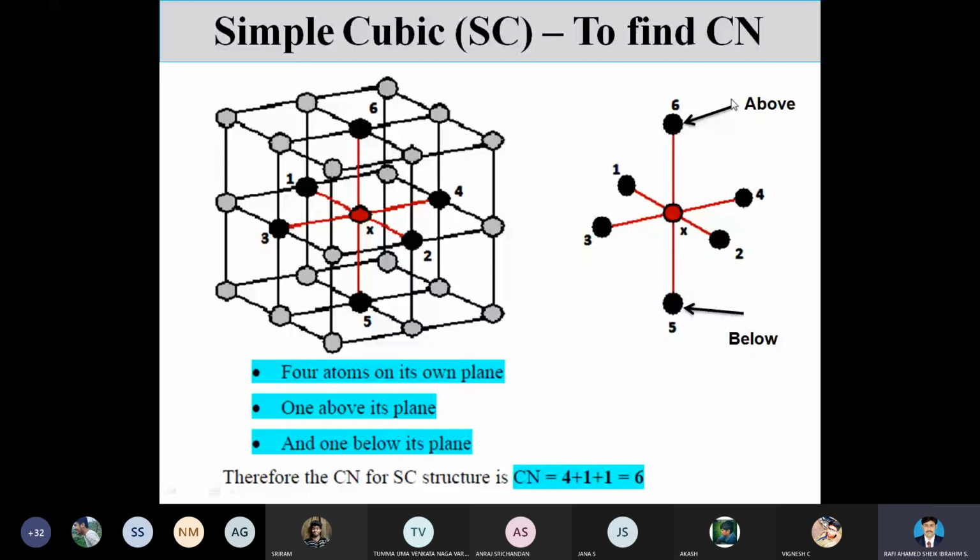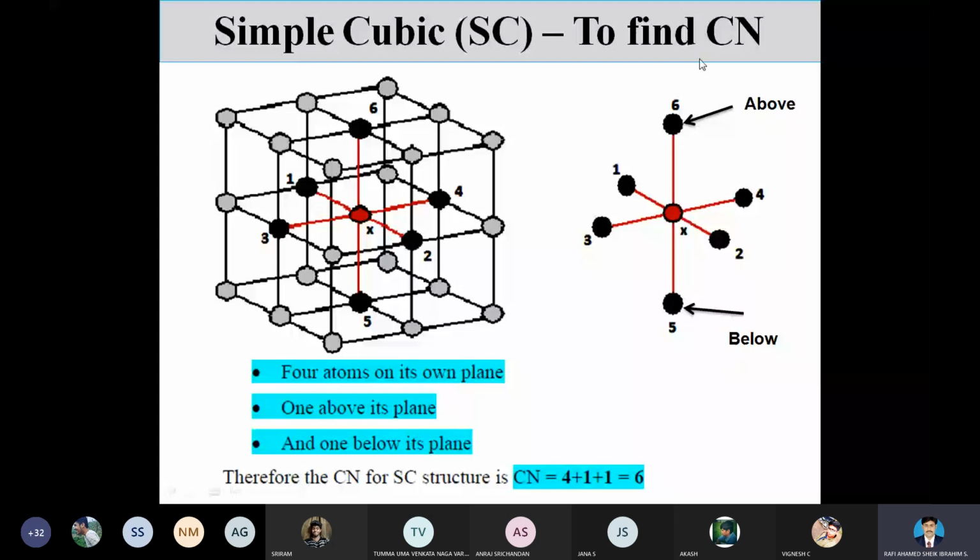That we can see here in this second structure. See, X is the reference atom; we can consider any atom. I have taken this as the reference atom X. For this X, the nearest neighbors are 1, 2, 3, 4 in its own plane, one atom below the plane and one atom just above the plane.